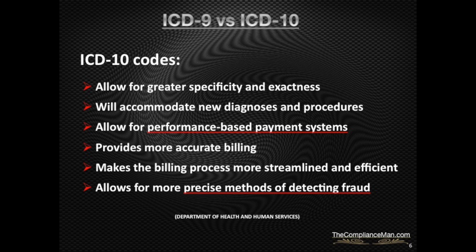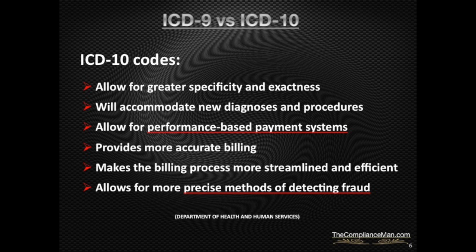It also allows for performance-based payment systems, and you might have already heard of best practices, where they statistically determine the amounts of time that a specific condition should take to get better and give physicians incentives for getting that condition better earlier or decrease the amount of reimbursement if it takes longer for the condition to improve.